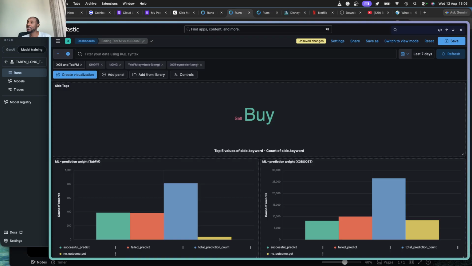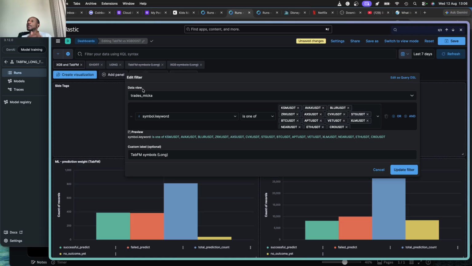So we'll apply that to this. In our live inferences, we won't take everything, we'll take only those ones. And I've already included them here.